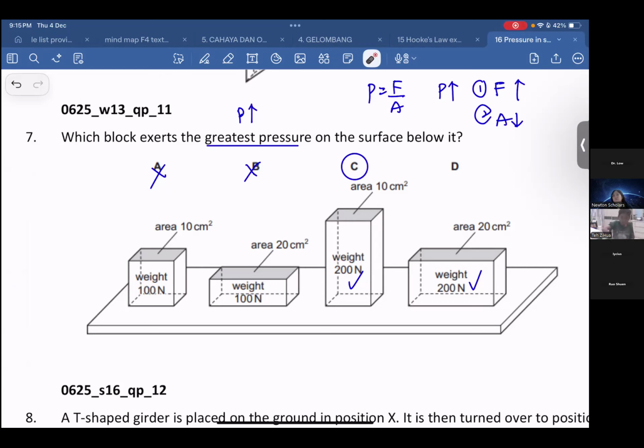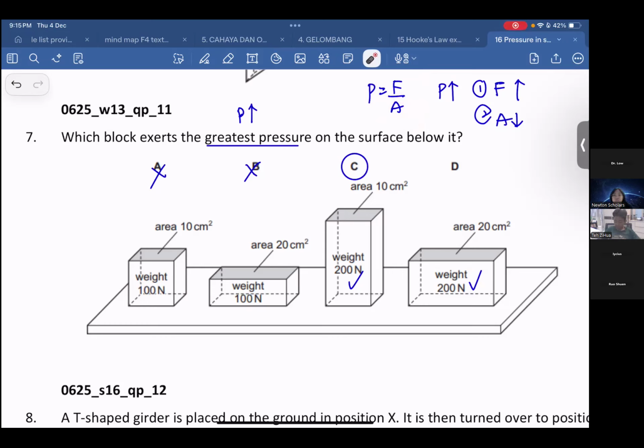That's why, if you observe, the lorry actually has a lot of tires. For the car, we only have 4, but the lorry has more than that. So they are using a larger surface area. Although the force is increased, they use the larger area to reduce the pressure, so that the lorry won't easily damage our road in Malaysia.